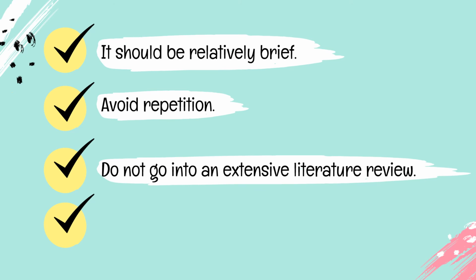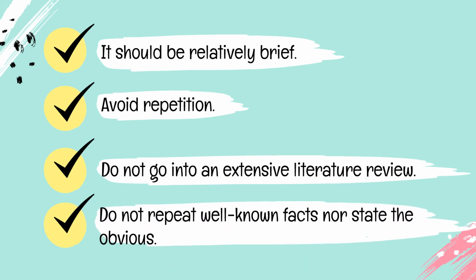Third, do not go into an extensive literature review. 2 to 4 most relevant and recent citations should be adequate to corroborate a statement. Fourth, do not repeat well-known facts nor state the obvious.